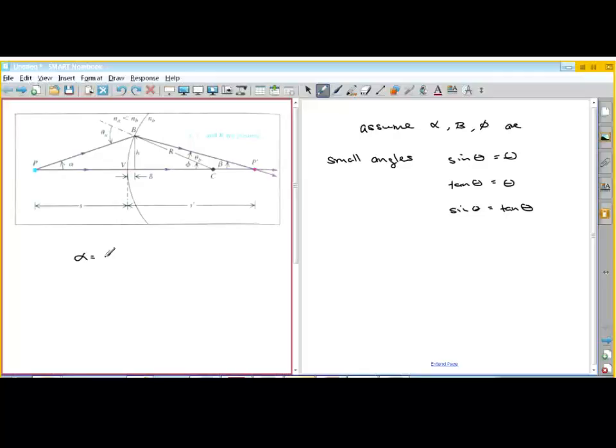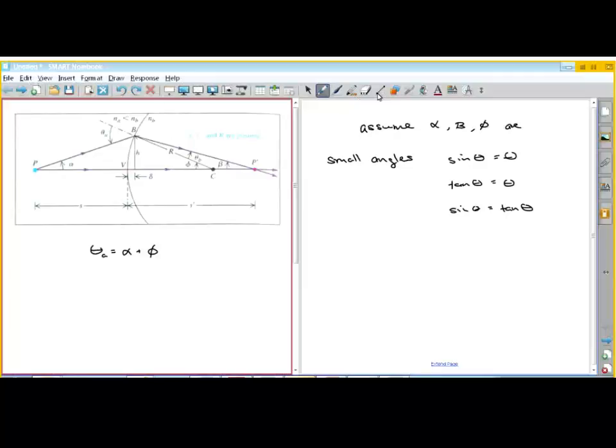So we can say that theta sub A equals alpha plus, and we're going with this line, so it's going to be plus phi.